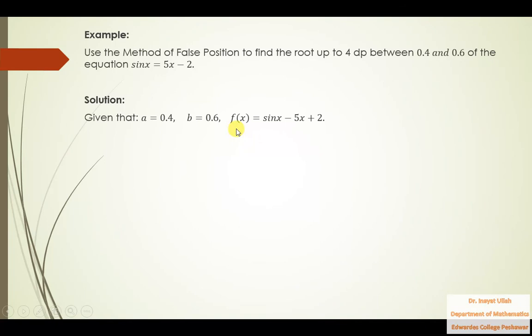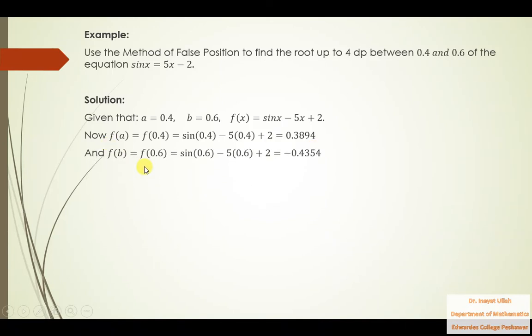Now find f of a. f of 0.4 is sin of 0.4 minus 5 into 0.4 plus 2, and this is equal to 0.3896.